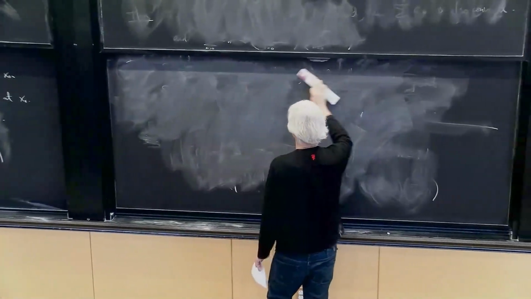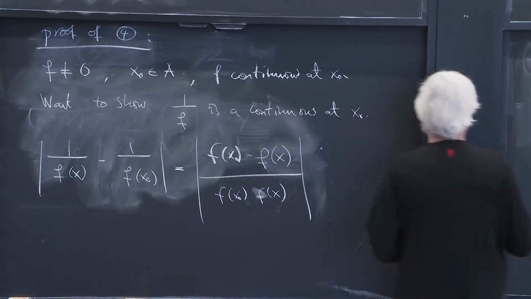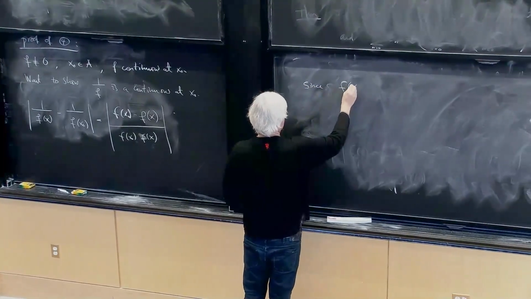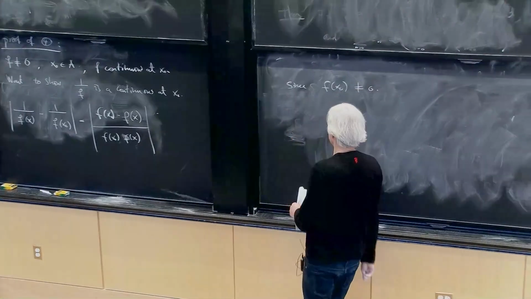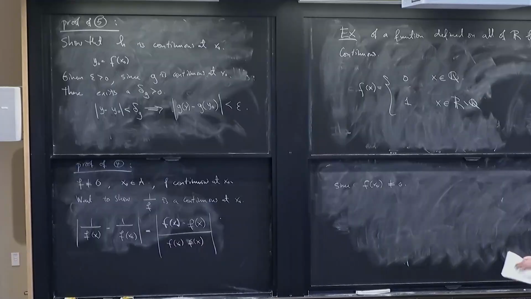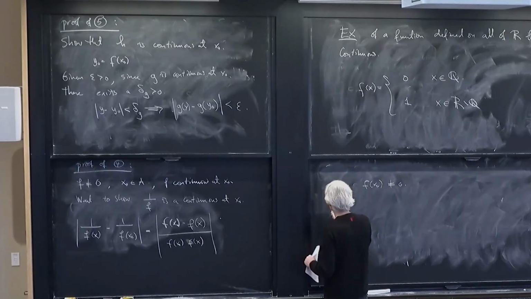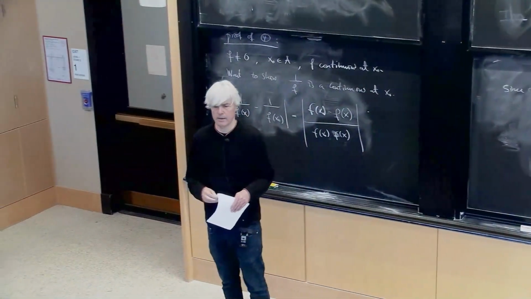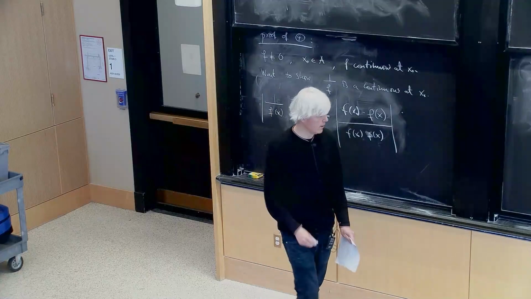But now the thing is that since f of x0 is not equal to 0, we're going to pick the delta we want in two steps.